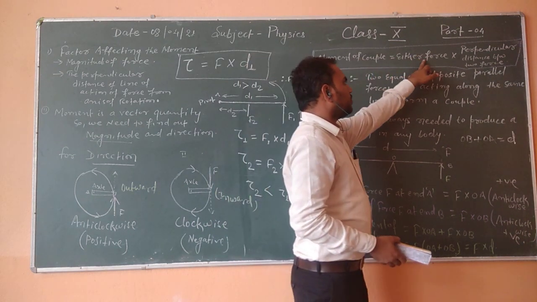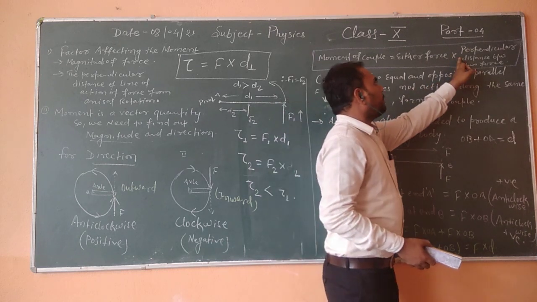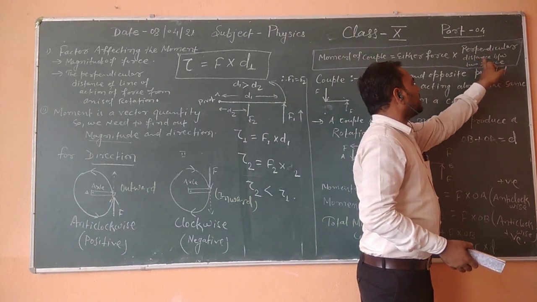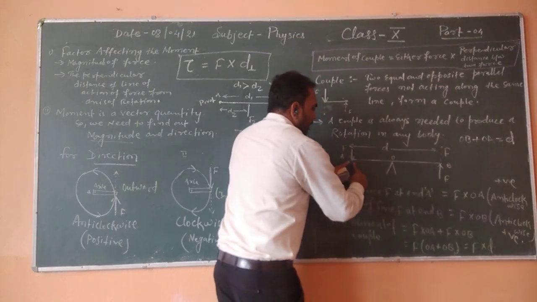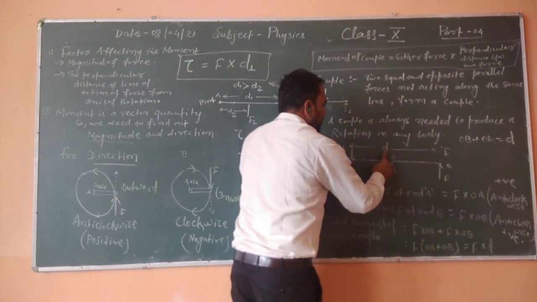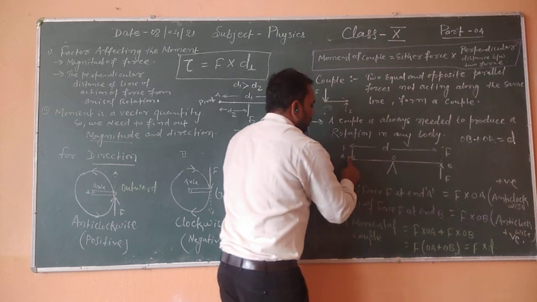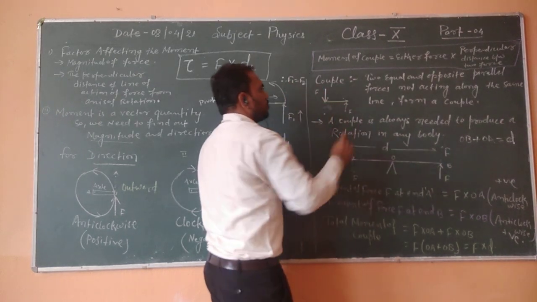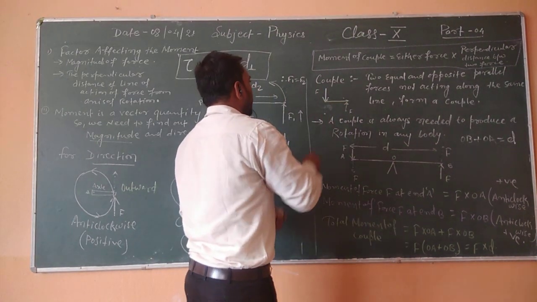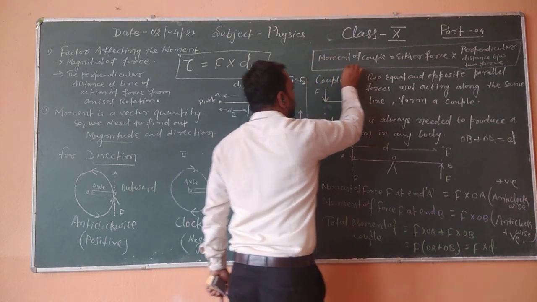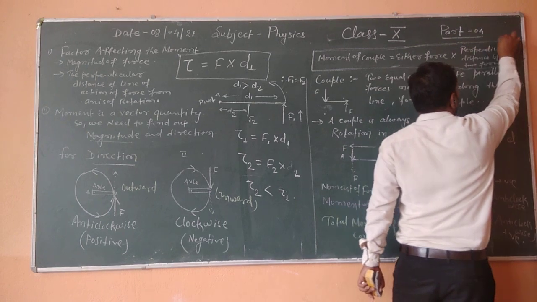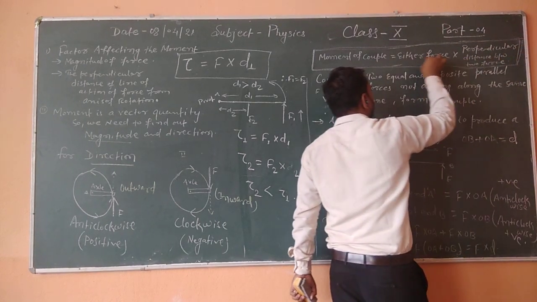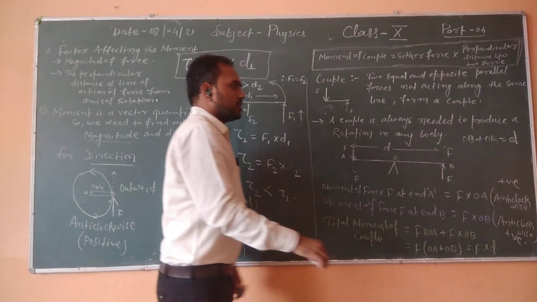Into the perpendicular distance between the two forces, which is D. So our permanent formula will be: moment of a couple is equal to either of the forces into the perpendicular distance between the two forces.